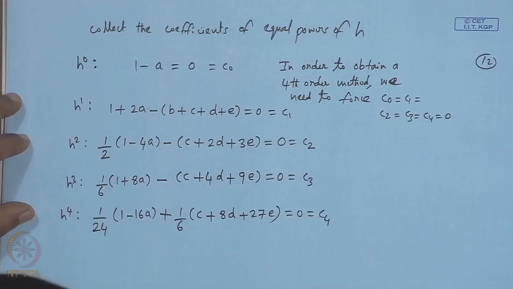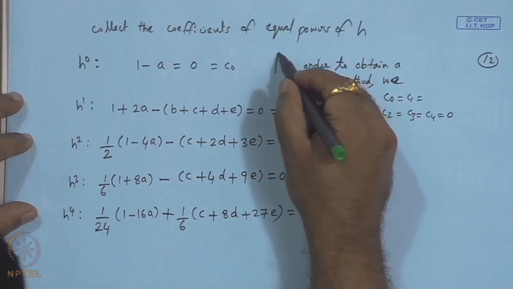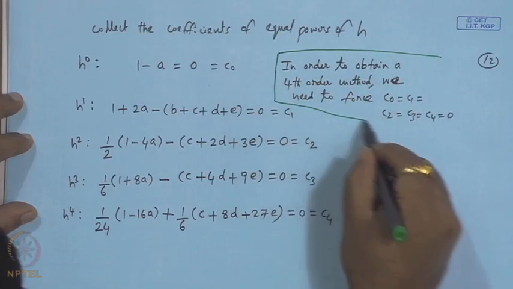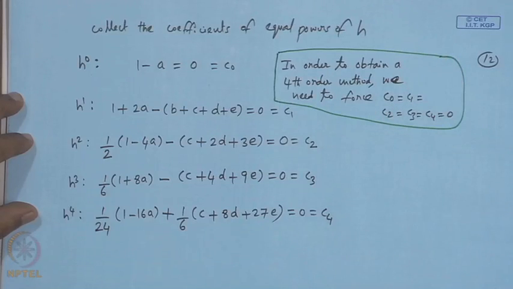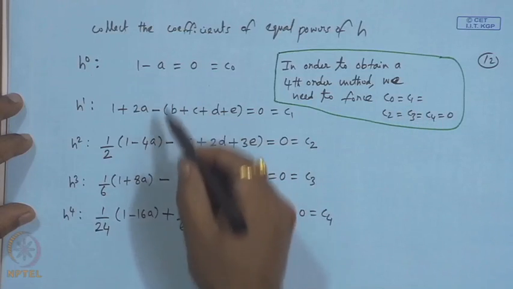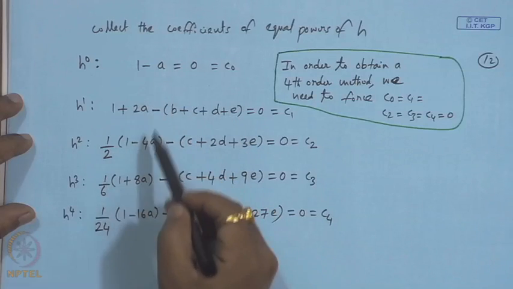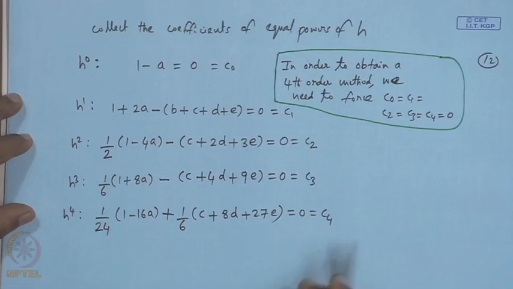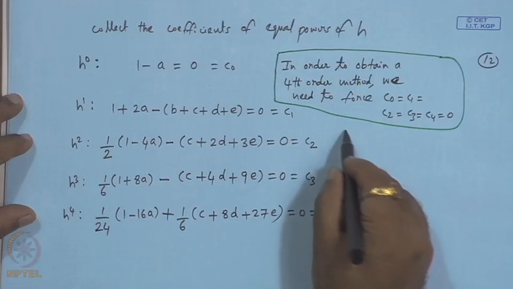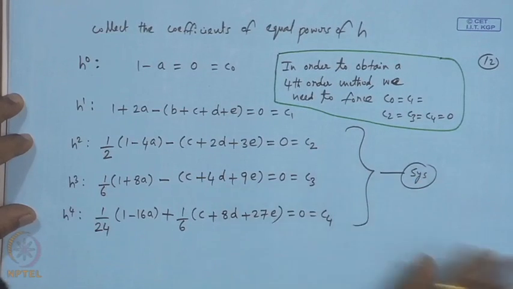So, the remark is, since we are asked to determine a fourth order method, we need to force C 0, C 1, C 2, C 3, C 4 to 0. Okay. So, now we have A, B, C, D, E, so 1, 2, 3, 4, 5 equations. Okay. So, let us call this entire system. Okay.